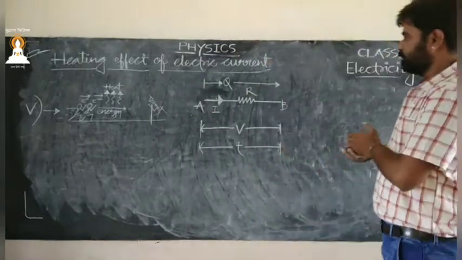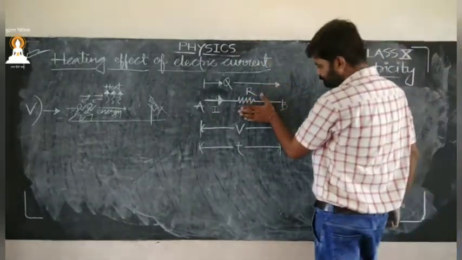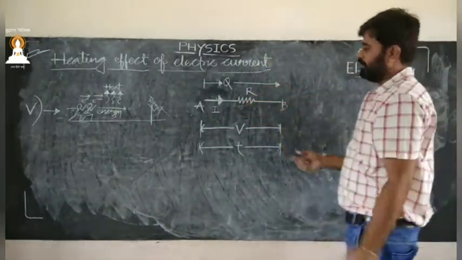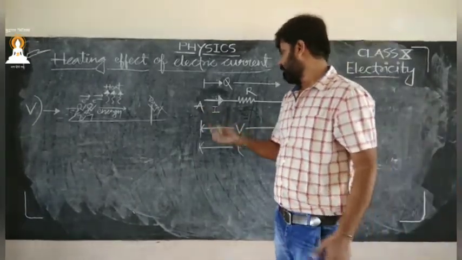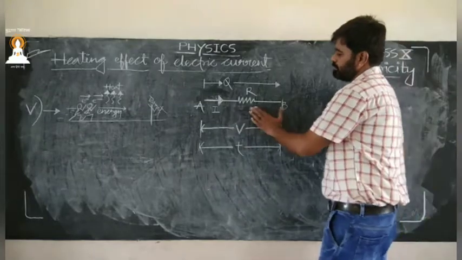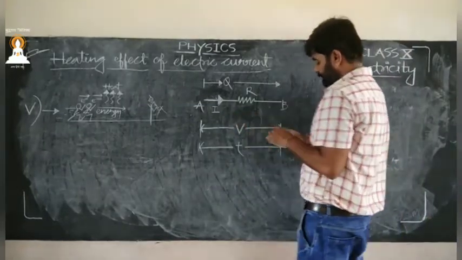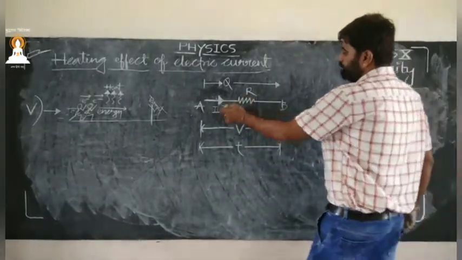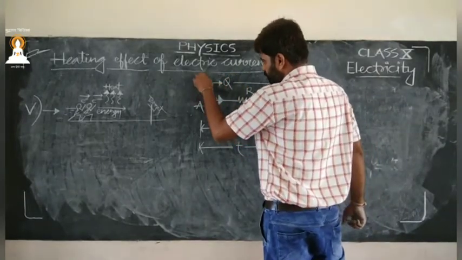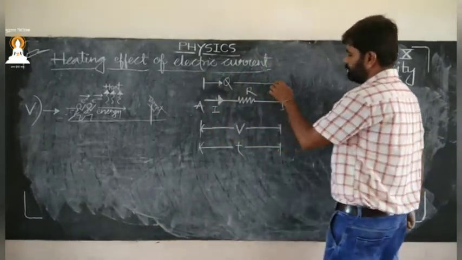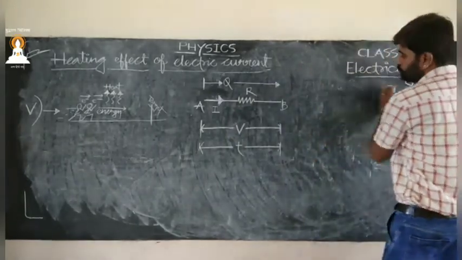Now suppose we have a resistance with two terminals A and B across which the voltage drop is V. Suppose current is flowing through this resistance. Current flowing means charge flowing, suppose from this terminal to that terminal through this source.